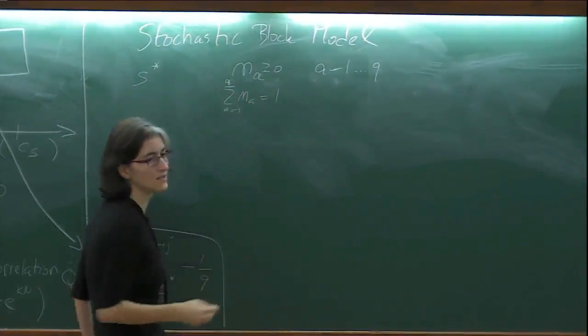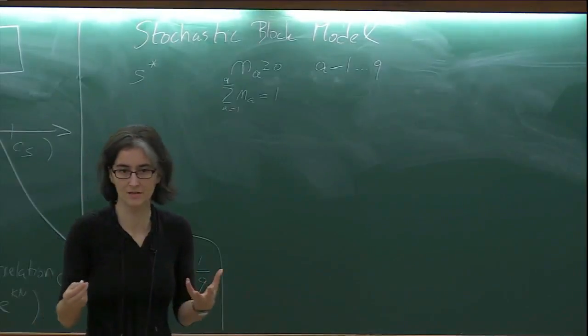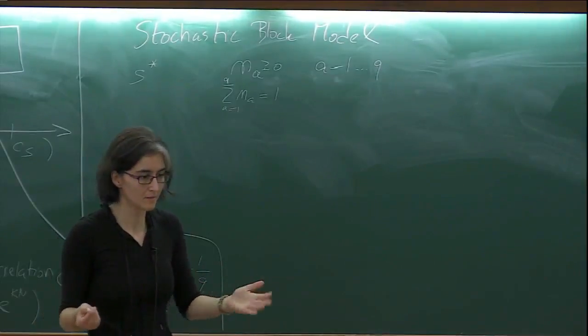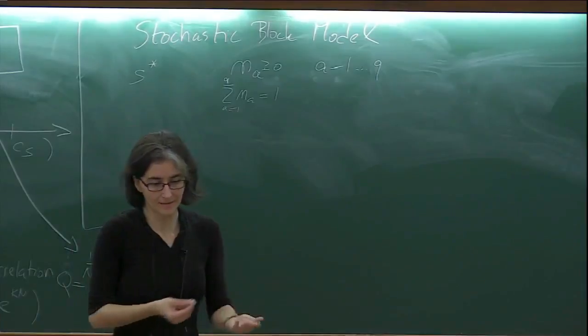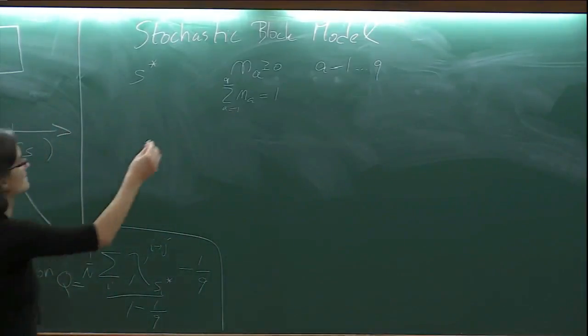So I'm just saying that the proportion of nodes that I assign to a given group is some generic fraction n_A. It can be 1/3, and then 1/10, and whatever is left to 1 if I have 3 groups.